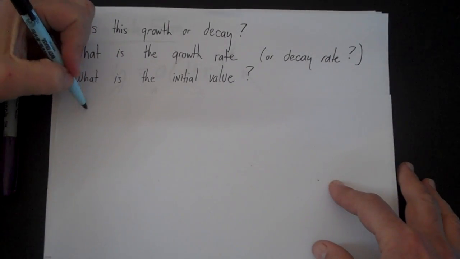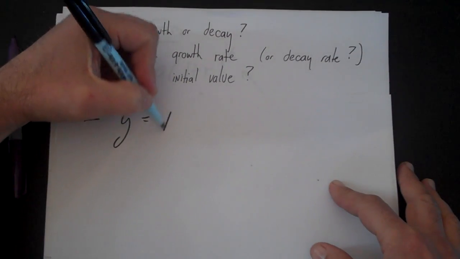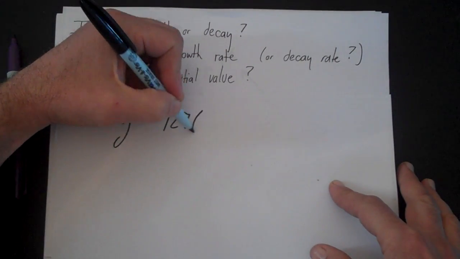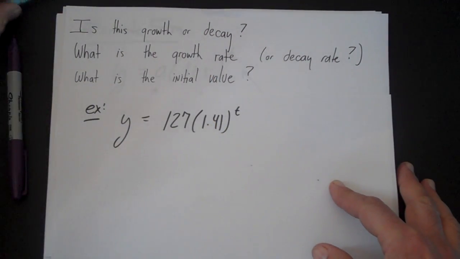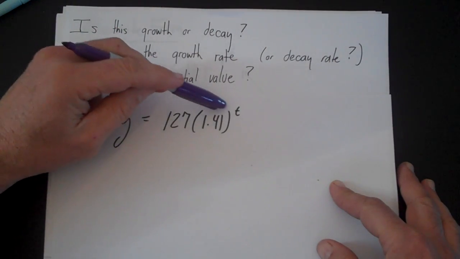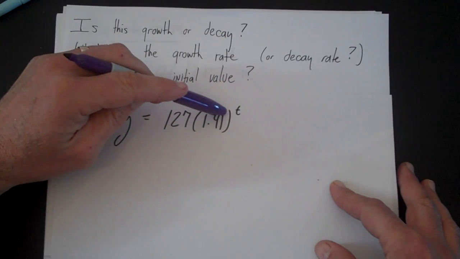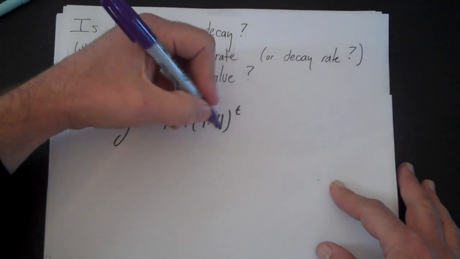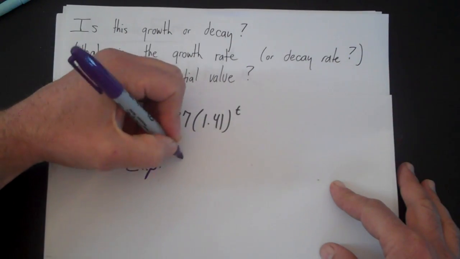So the first example, let's look at y is equal to 127 times 1.41 to the t. In this case, is this growth or decay? Let's look at 1 plus r here. Since 1.41 is greater than 1, this is going to be an exponential growth problem.